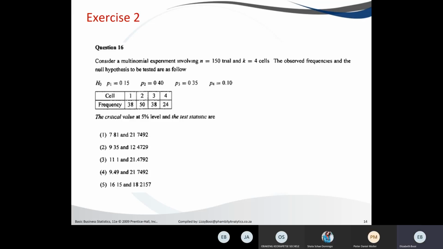So first you need to go find the critical value, and then you will need to calculate the test statistic. And remember, critical value, chi-square critical value, we'll find it by using chi-square alpha and the degrees of freedom.